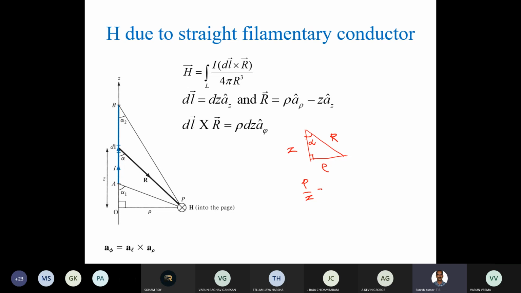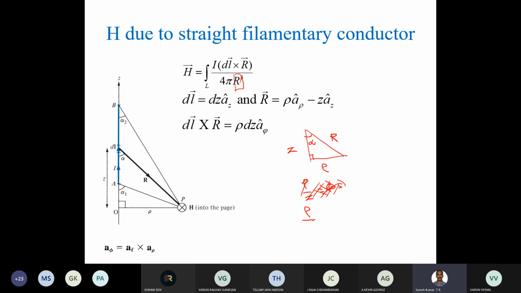Rho over z is tan, but we can't use this. We want r because I'm talking about only the denominator r. So you can go with either sine or cosine.